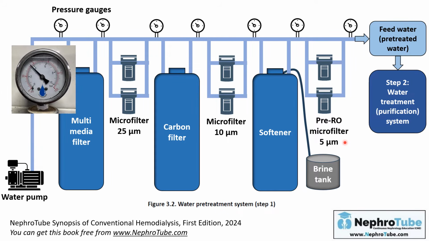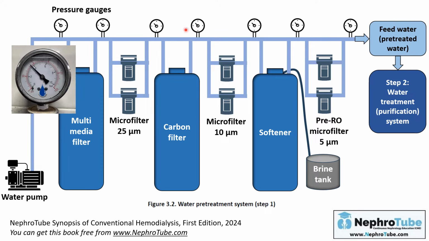Another point I want to add here is that there are pressure monitors before every tank and after every tank. The pressure in these pressure gauges or pressure monitors must be the same before and after each tank. So the pressure in here before the carbon tank must be the same as that after the carbon tank.